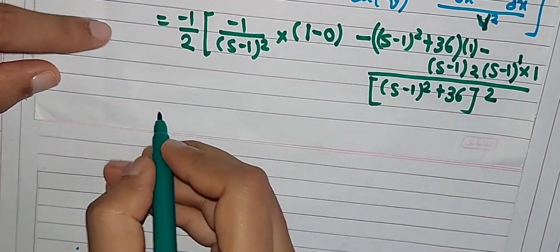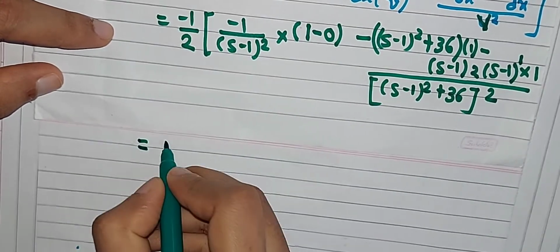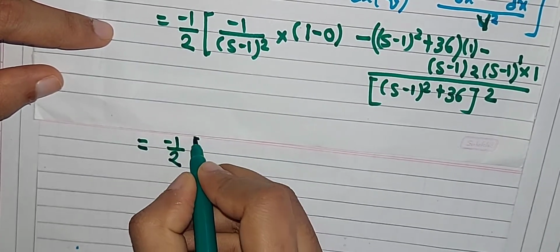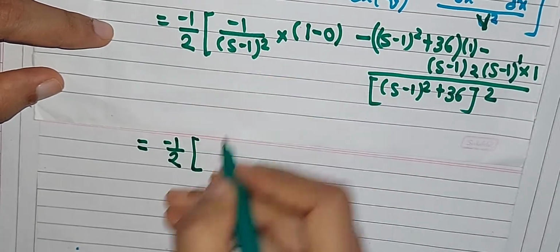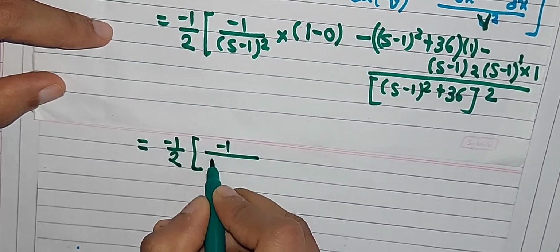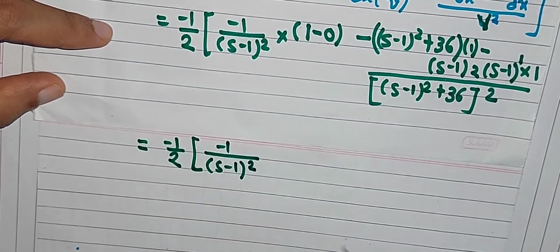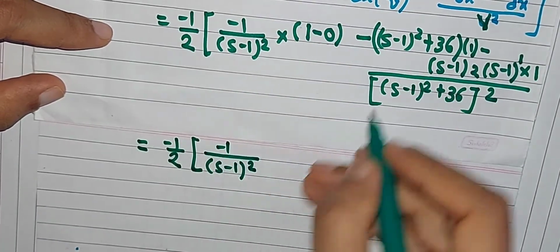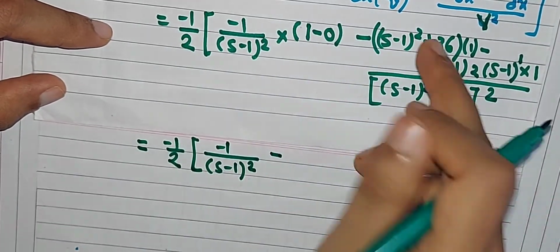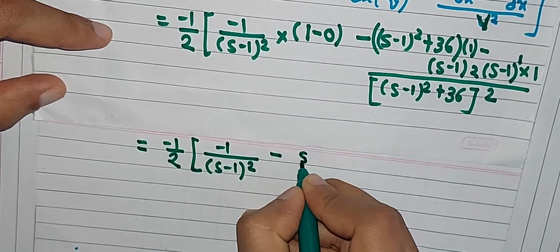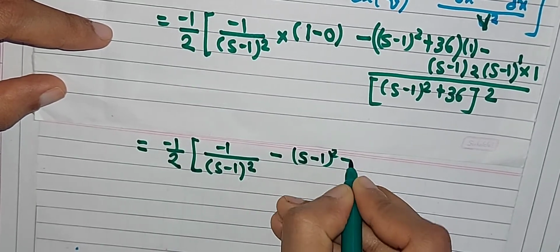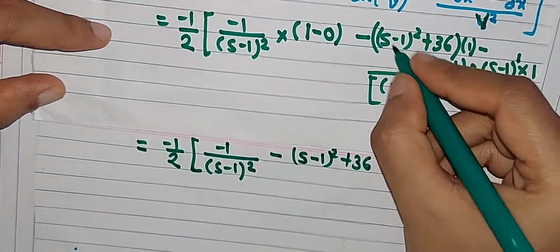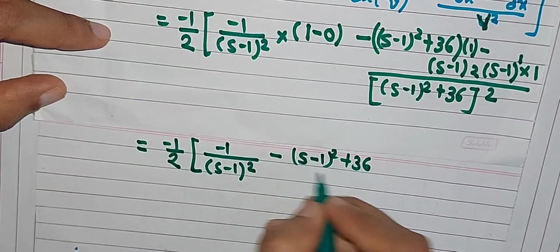Now solve just a little bit. This is my minus 1 by 2, we will take it as it is. My first term will be this 1 into this minus 1, that is minus 1 divided by (s minus 1) squared. We have done this part. Now take this minus sign as it is. My first term will be (s minus 1) squared plus 36 into 1, that is this original term.